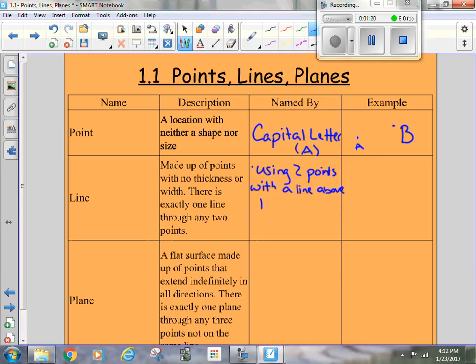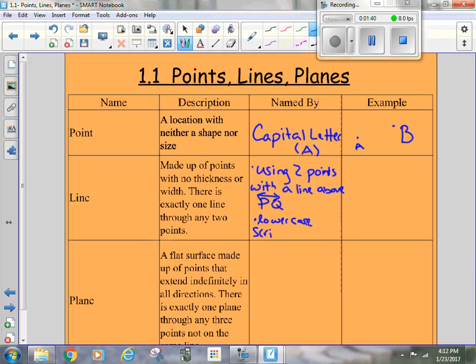So, for example, PQ with a line going above, and make sure you have the 2 arrows going because a line extends on forever. Another way that you can label it is by using a lowercase script letter or cursive letter.